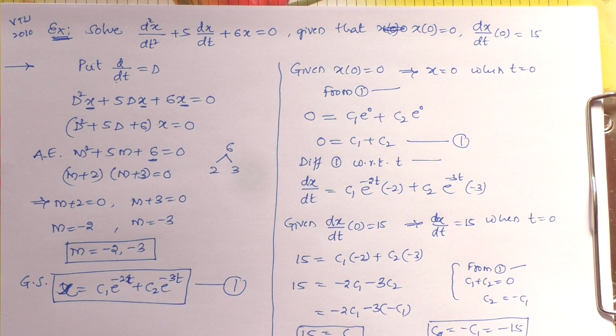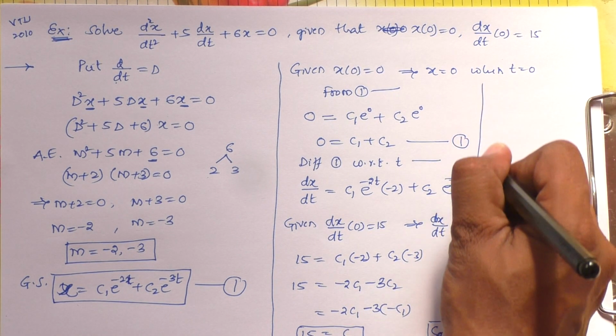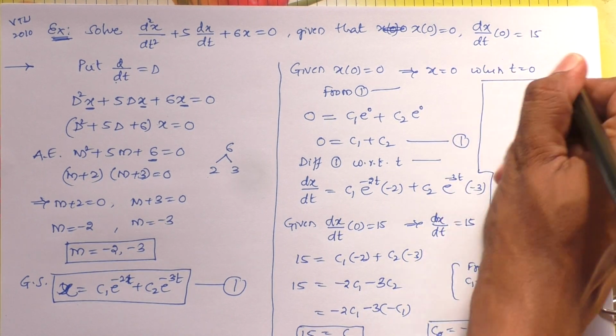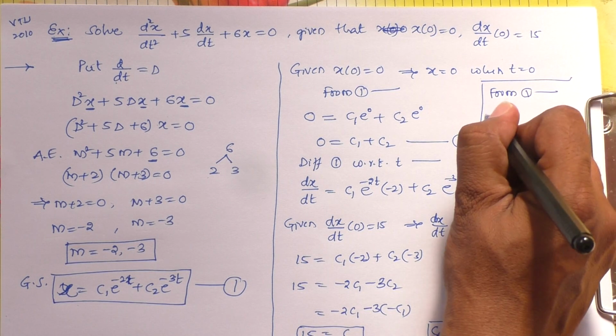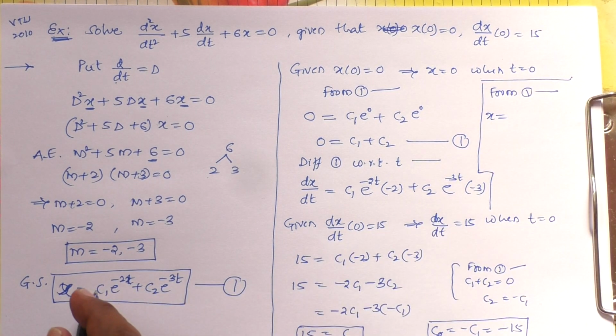So now substitute in equation 1 from 1. So if you consider from 1, x equal to, c1 is 15, c2 is -15.